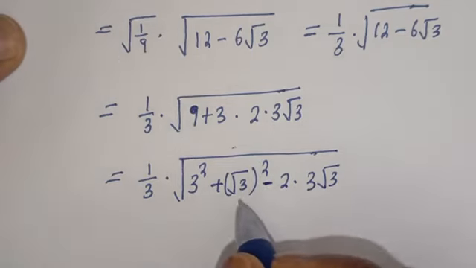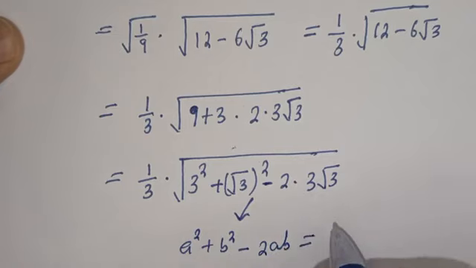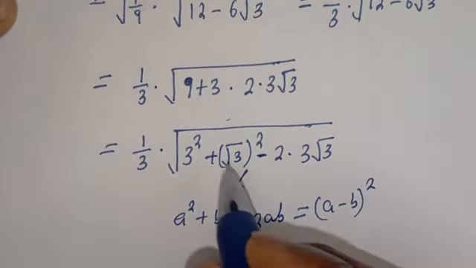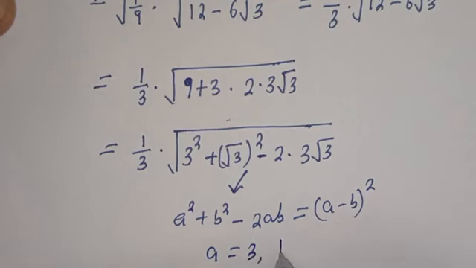Now, if you look at this, the whole of this is in the form of a square plus b square minus 2ab. This is equal to a minus b all square. And from here, a is equal to 3, then b is equal to square root of 3.